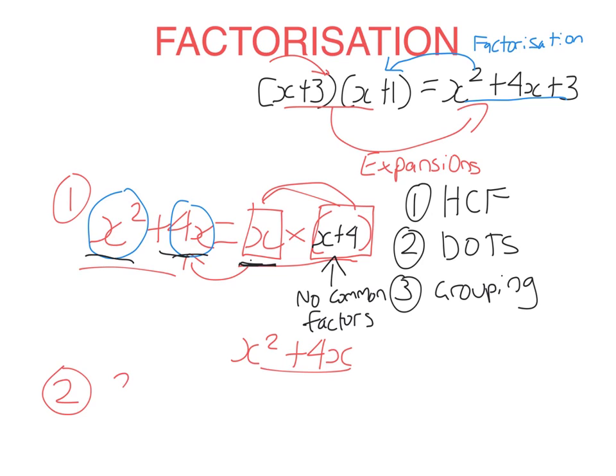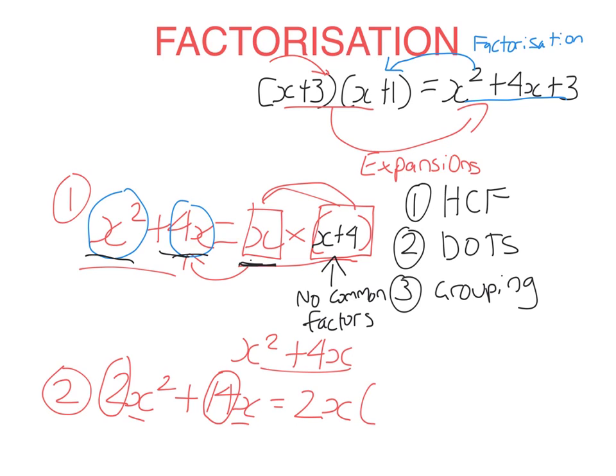So let's say I have 2x squared plus 14x. Now here, the coefficients 2 and 14 have a common factor, and that is of course 2. So I take out 2. But x's appear in both terms, so I also need to take out a factor of x. 2x is the highest common factor.